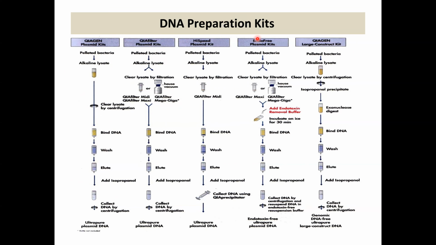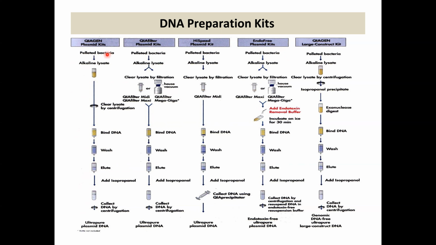I tried some of the endo-free plasmid kits, but they are tricky to perform. But this Qiagen plasmid kit is very convenient for scientists and molecular biologists who are processing a number of samples. So we have here the Qiagen plasmid kit.